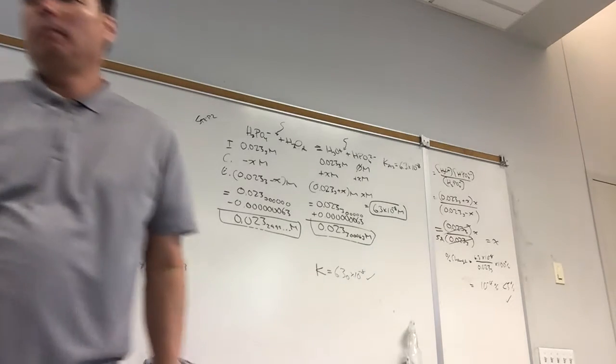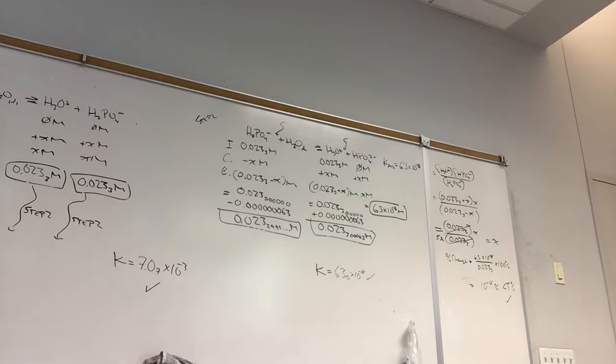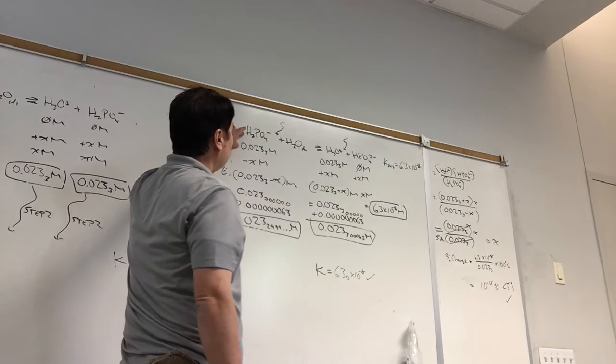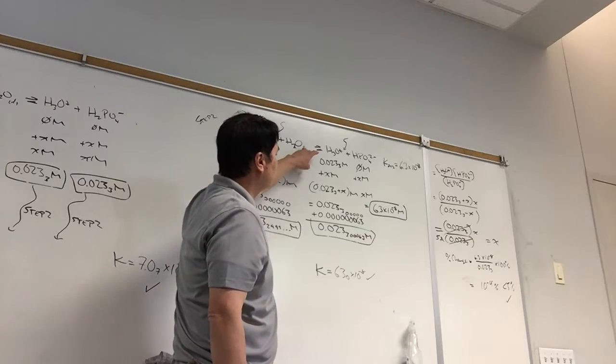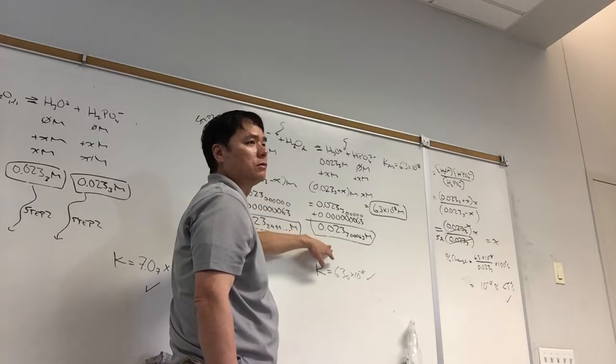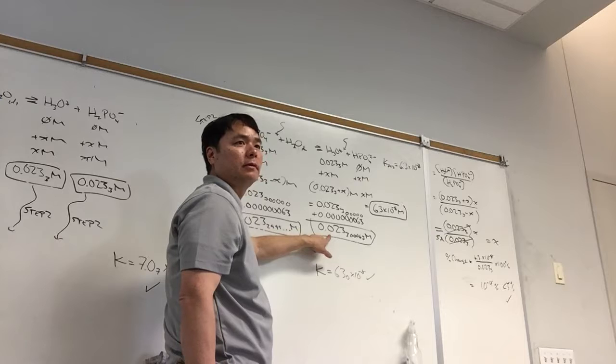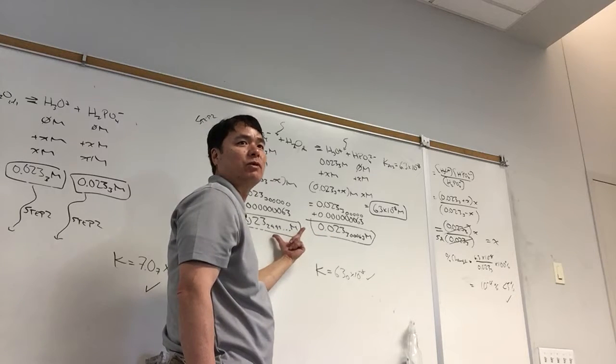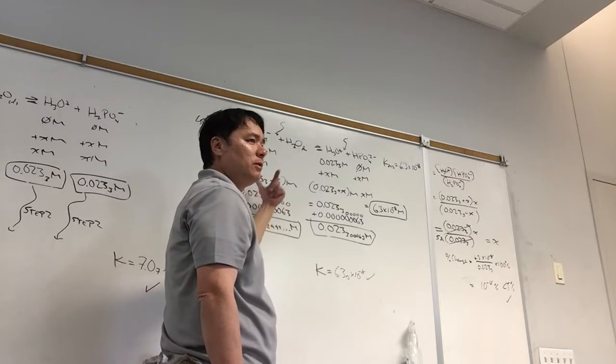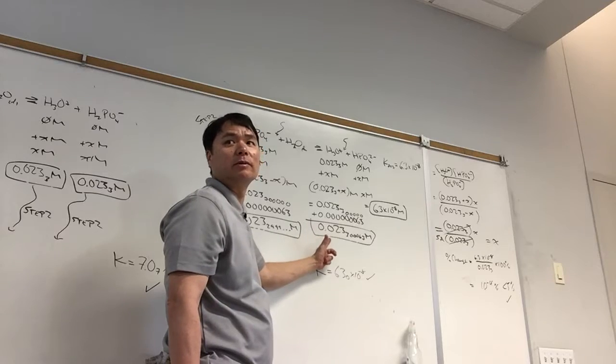All right, but we have to check something. We have to make sure that the current step did not perturb the previous step. What we see here is that the concentration of dihydrogen phosphate and the concentration of hydronium did change. The hydronium went up, the dihydrogen phosphate went down. So we lost a little bit of dihydrogen phosphate and we gained a little bit more hydronium.